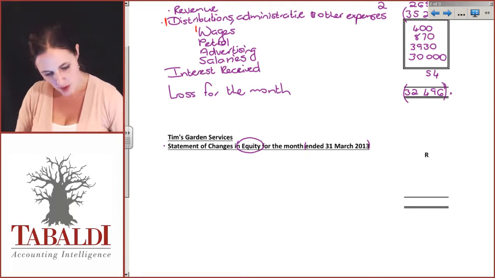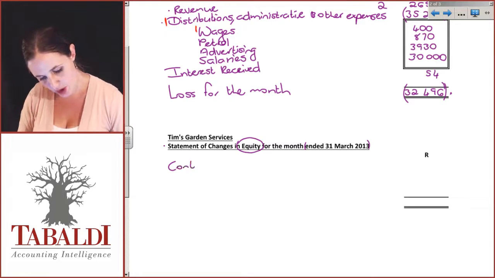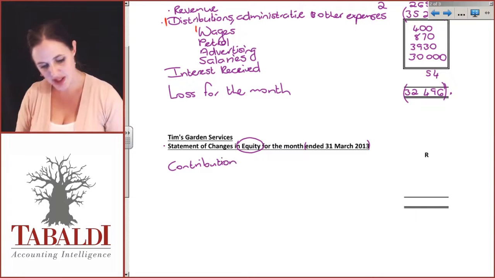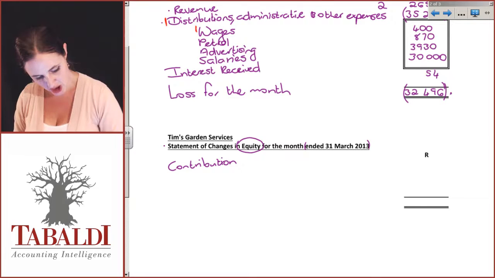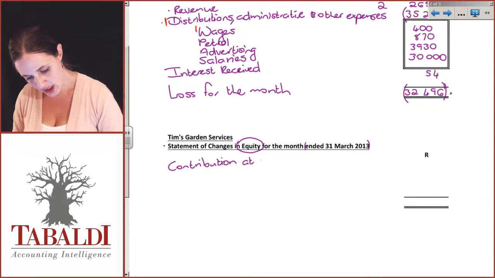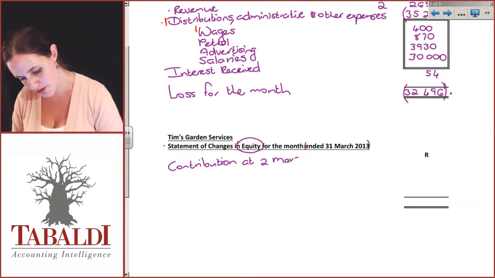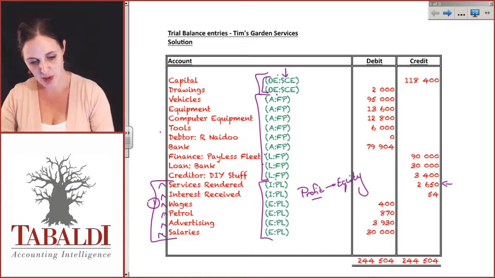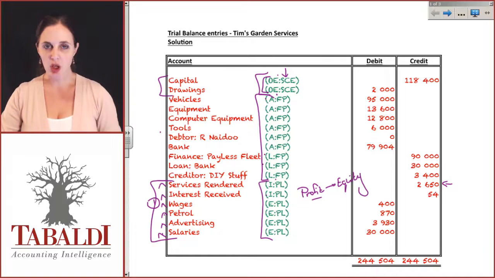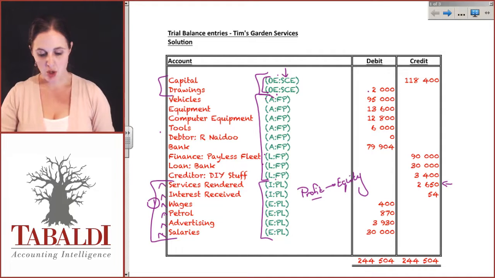So we start off by identifying what contribution we have. Our capital contribution is the amount that the owner has put in. Your contribution at the 2nd of March, because that was his first. And you can see back on our trial balance, our statement of changes in equity items are over here, your capital and your drawings.